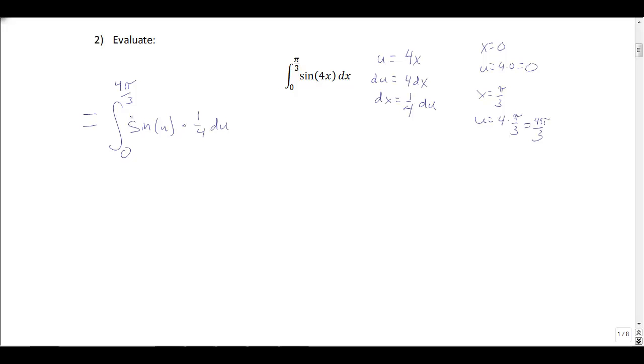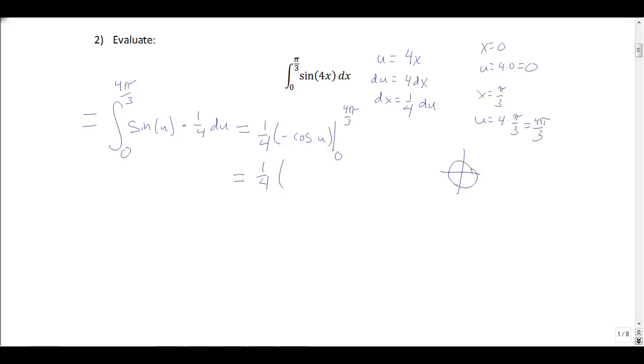So we get this integral of sine u times 1/4 du. So then this is 1/4. The antiderivative of sine u is negative cosine u. And then I evaluate from u equals 0 up to u equals 4 pi over 3. So we get 1/4. When we plug in 4 pi over 3, on my unit circle, pi is here, 4 pi over 3 is there.